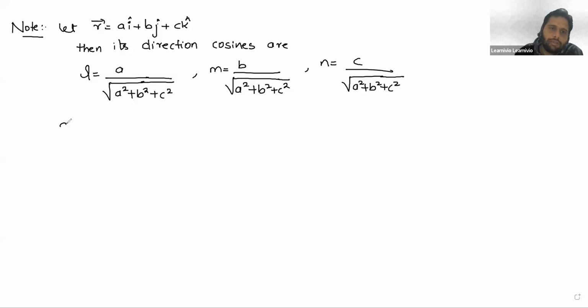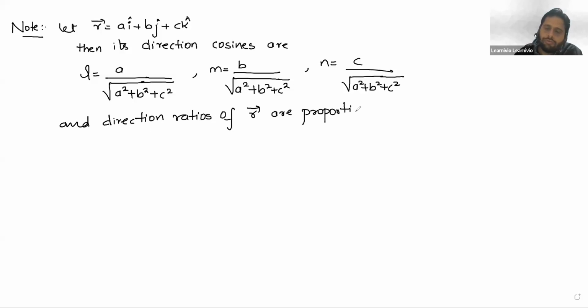And the direction ratios of this are proportional to a, b, and c. So whenever you have a vector and we need the direction ratios, then we will use this a, b, and c.